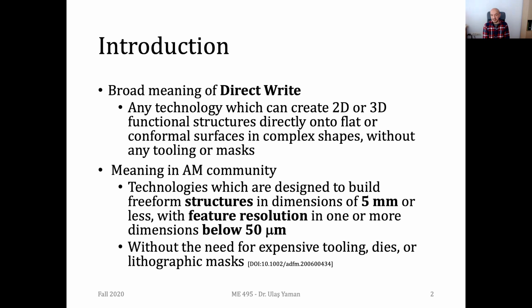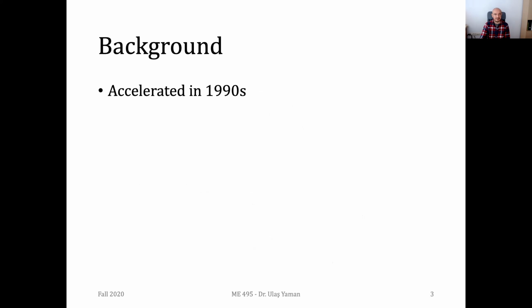You need special dies, or like in the MEMS industry, special masking technologies. But in direct writing technologies, you don't need them. With a simple printer, you can produce such little parts with little features.